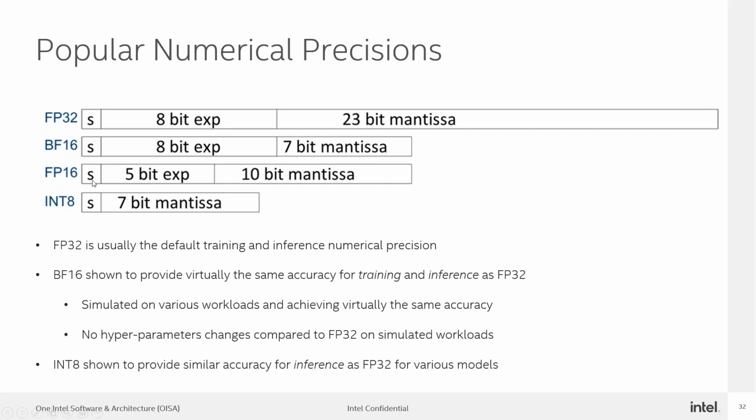There are some specific hyperparameters required to use FP16 for training. And int8, shown here, provides similar inference accuracy as FP32 for a variety of models.